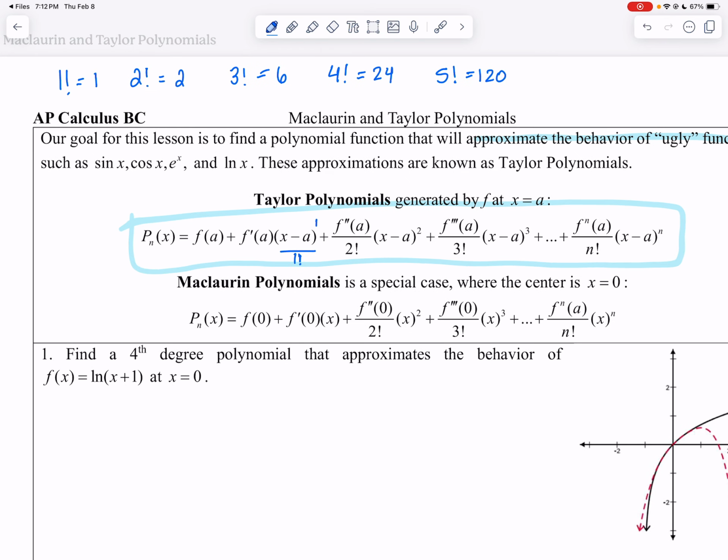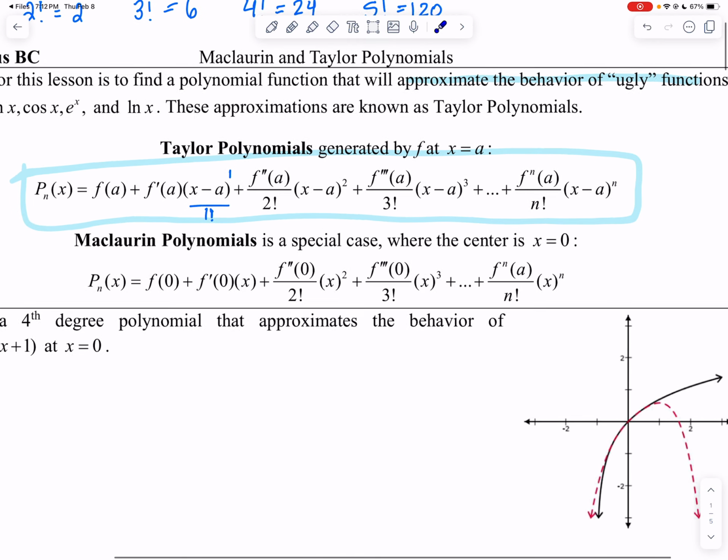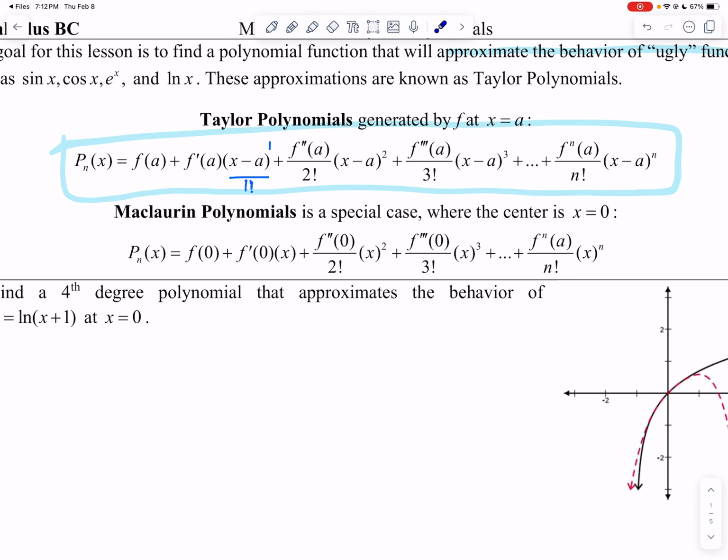Now, a Maclaurin polynomial is a special case where the center is 0. So instead of x minus a, I just have x minus 0, or in this case, x. So you have your first term at 0, your derivative at 0, and then you have your x. Your second derivative at 0 over 2 factorial of x squared. Your third derivative at 0 over 3 factorial of x to the third power, and so forth.